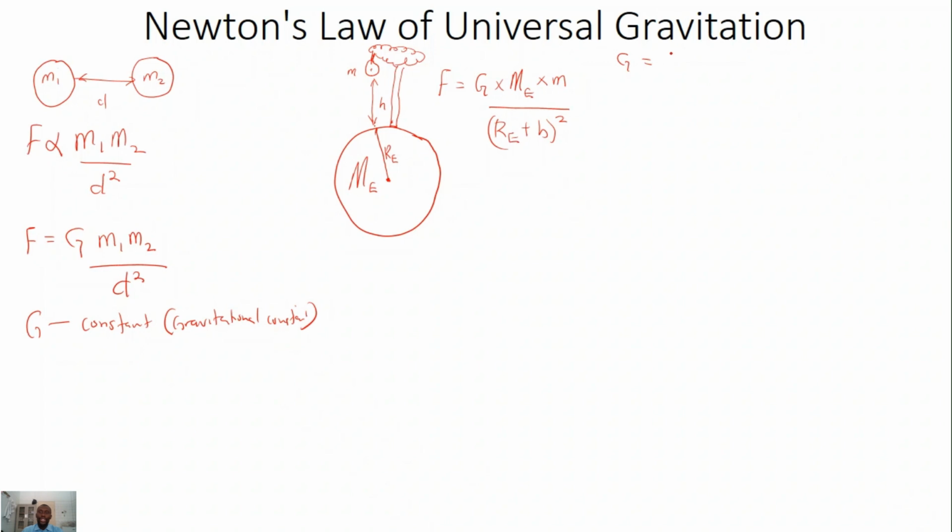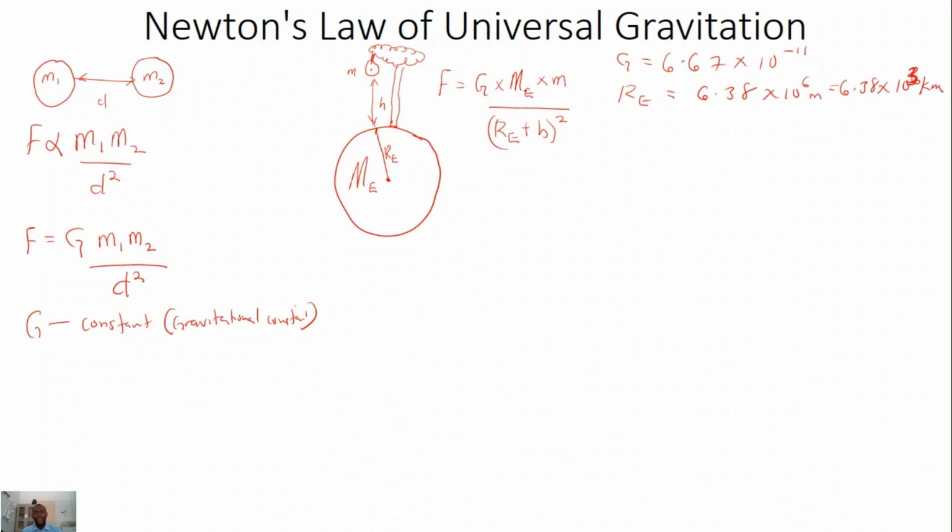G is a constant which is given to be 6.67 times 10 raised to power minus 11. The radius of the earth is 6.38 times 10 raised to power 6 meters, which can also be expressed as 6.38 times 10 raised to power 6 times 10 raised to power 3 kilometers.